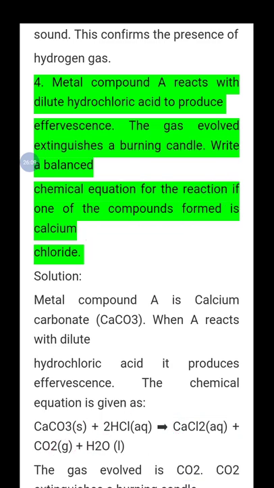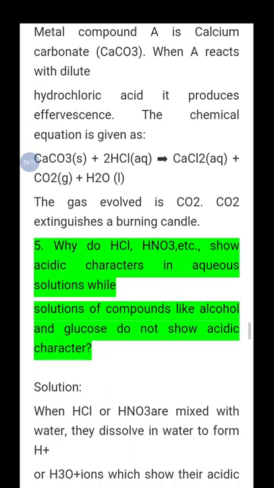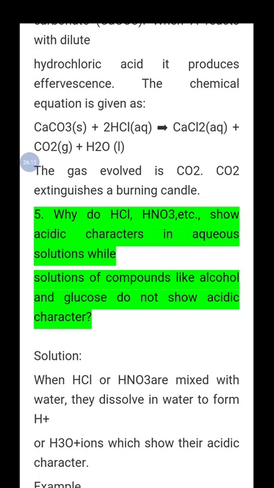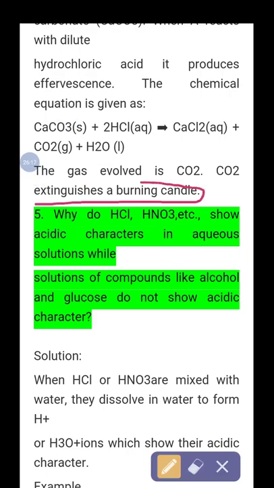The gas evolved is carbon dioxide, which extinguishes the burning candle. Hence, the compound is calcium carbonate.